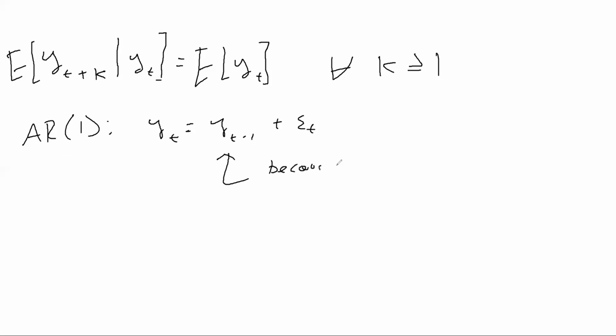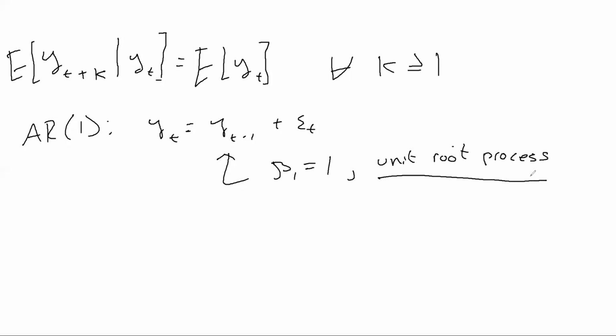Because our beta 1 is equal to 1, this is a unit root process. Don't confuse this with a highly persistent or trending process, which are other types of models, but this is a unit root process. This is important. In the next video, we'll do a random walk with a drift, and then we'll talk about how to apply it to stock returns.